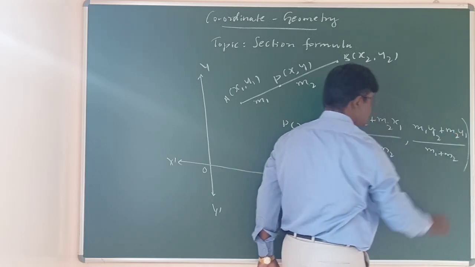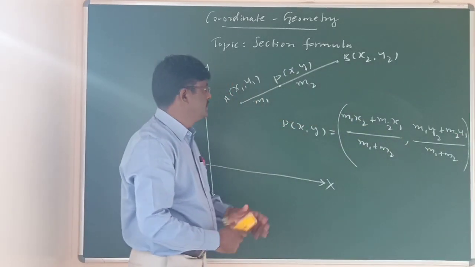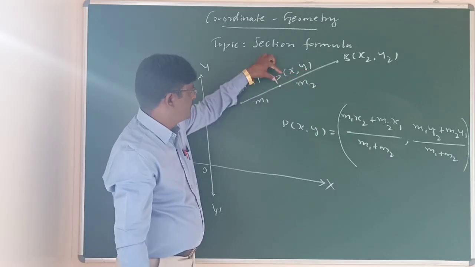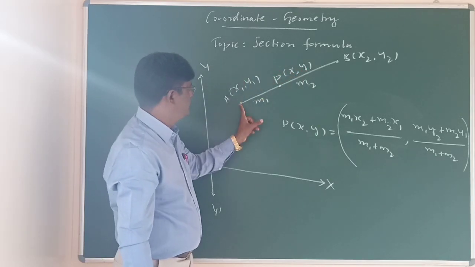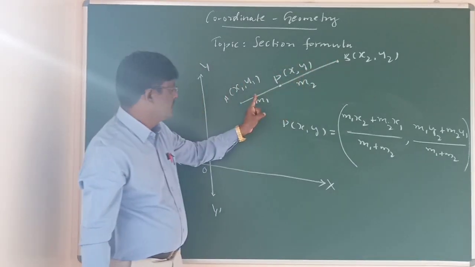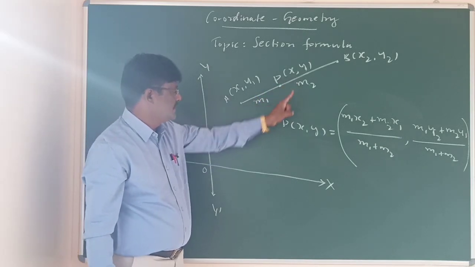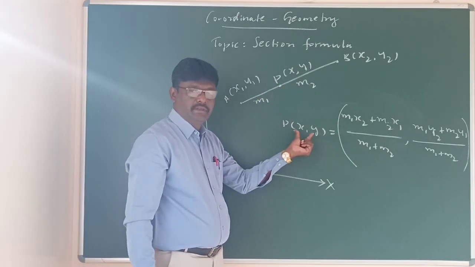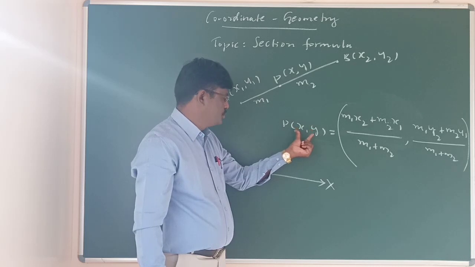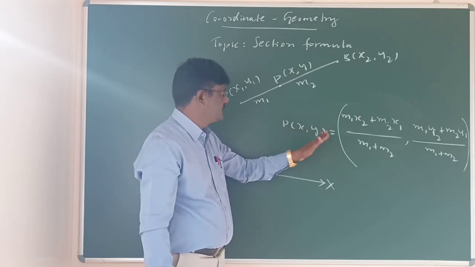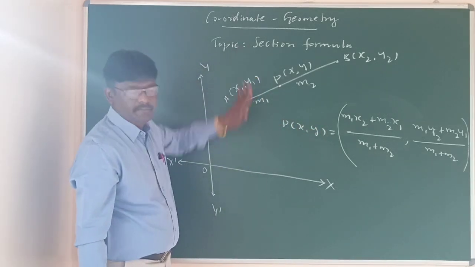So, children, the coordinates of a point which divides the given line in the ratio m1 is to m2 can be calculated using this formula. This is what we call the section formula.